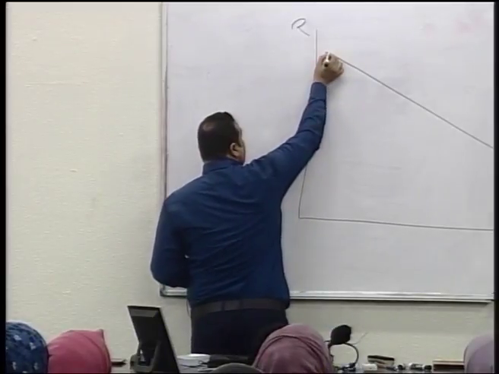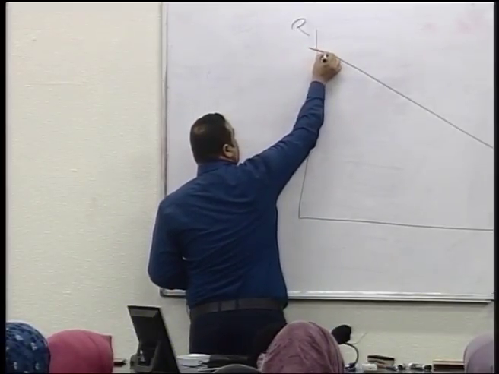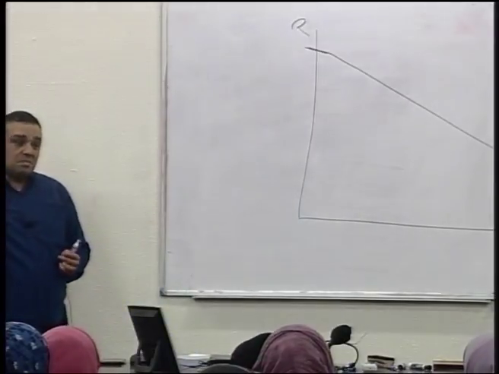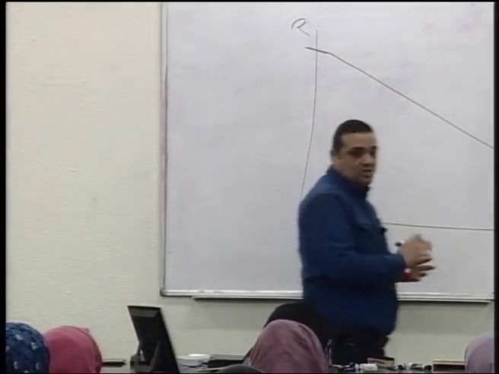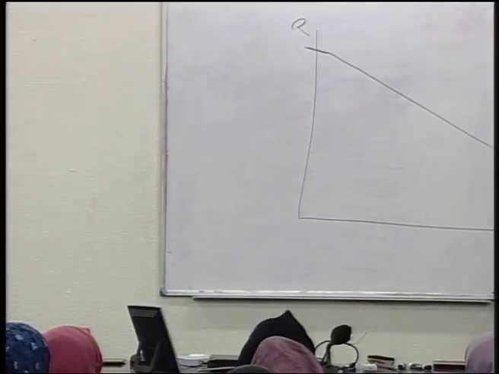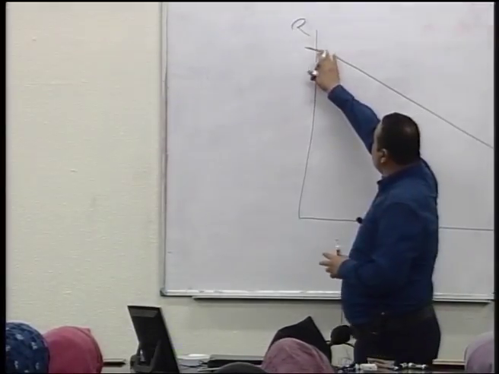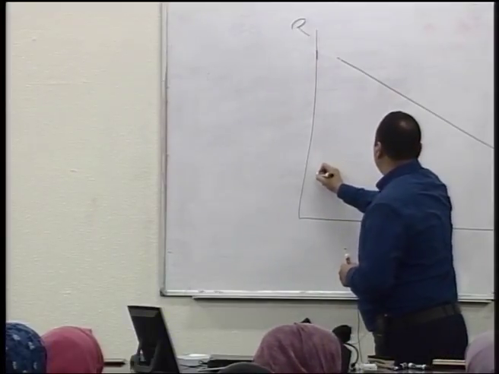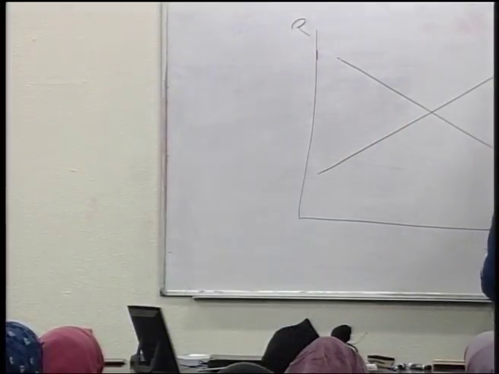Sometimes the demand curve might intersect the vertical axis, which is simple, and we will see the formula in the analysis shortly. And this is the supply curve.